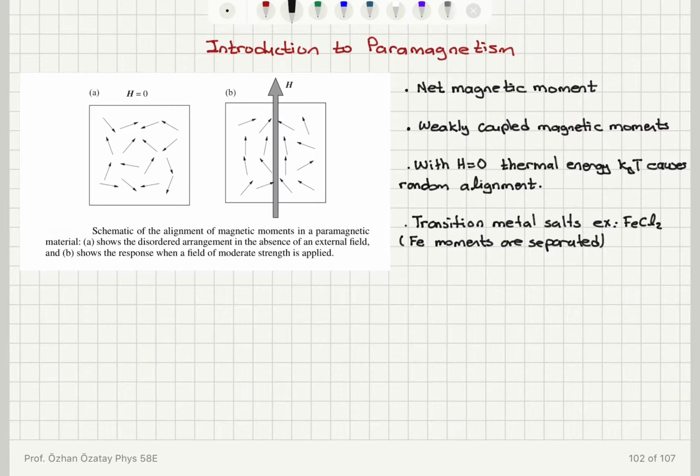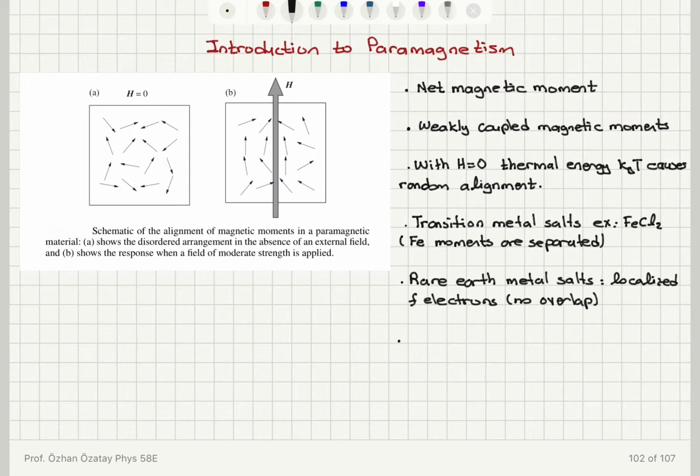On the other hand, rare earth metal salts have localized F electrons without any overlap, and so there's weak coupling between the moments of these electrons.